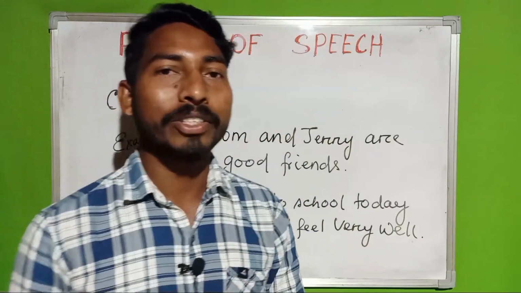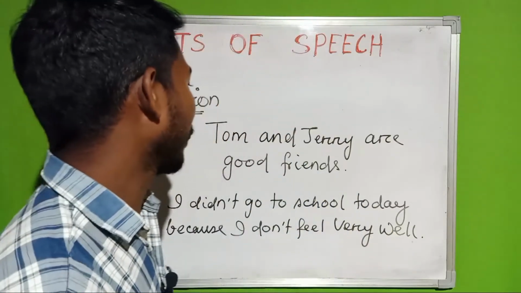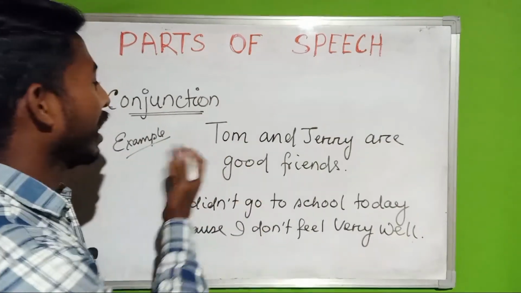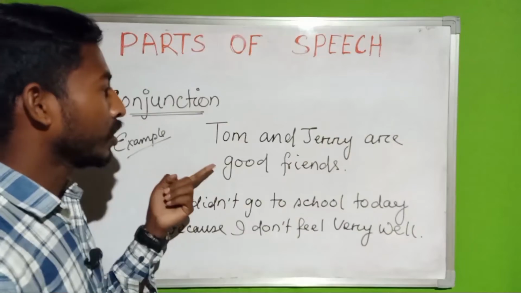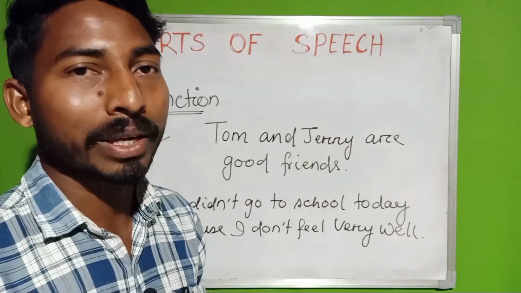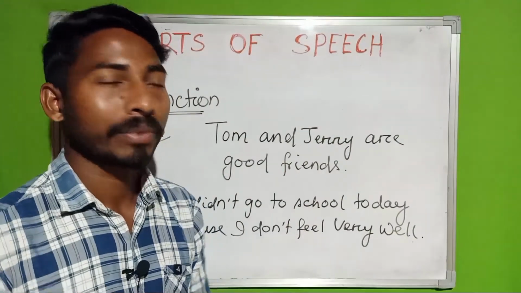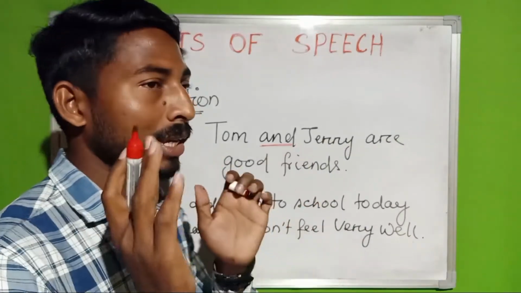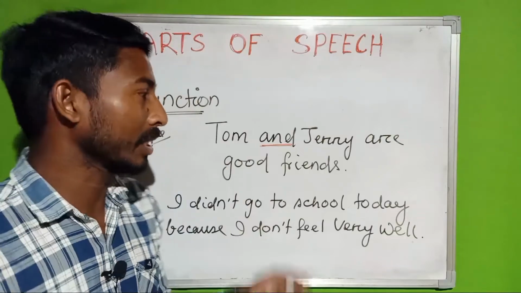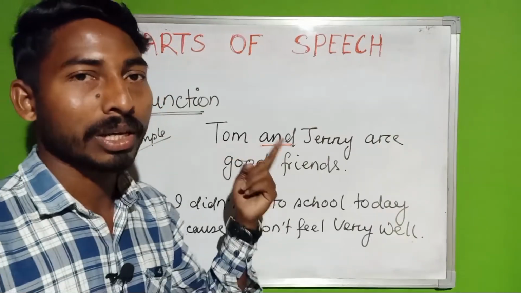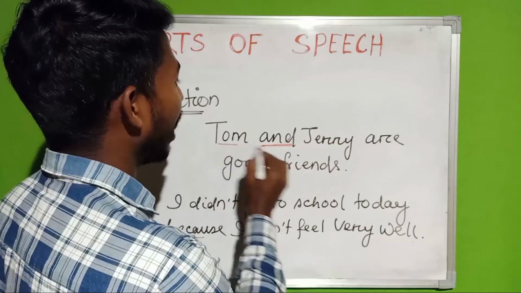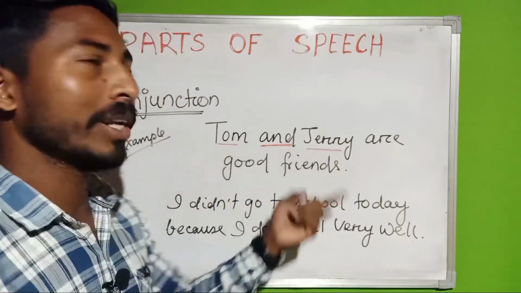This is the sentence we have taken as the example for conjunction. Can you tell me which one is the conjunction here? If you say and, then you are absolutely correct, because it connects two nouns present here, Tom and Jerry.